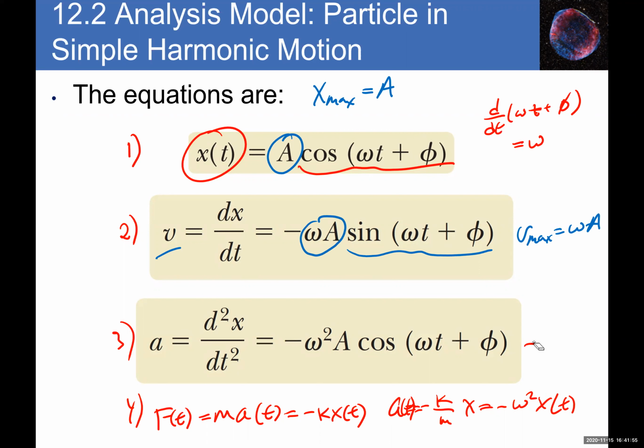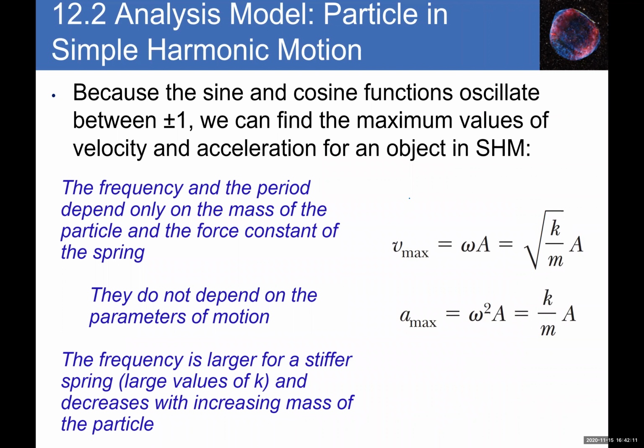In the same way, I can look back at the acceleration. I can say this is my sinusoidal function, and this is the coefficient in front of it, which represents a max, which is omega squared times a. That's what we can see here. See, x max equals a, v max equals omega a, a max is omega squared times a, and we can replace omega with the square root of k over m.